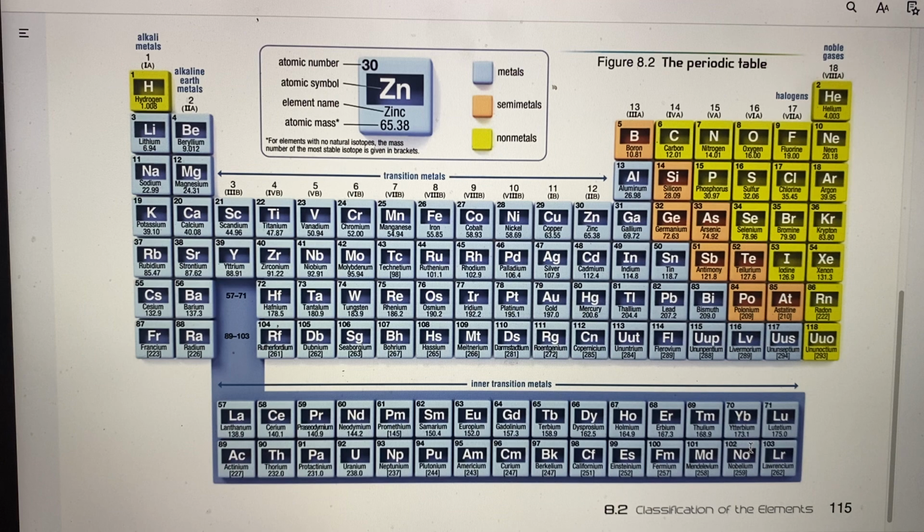What are the main groups? We have group 1 here. Group 1 are called the alkali metals. They have lithium, sodium, potassium, rubidium, cesium, all the way down here. These are your alkali metals.